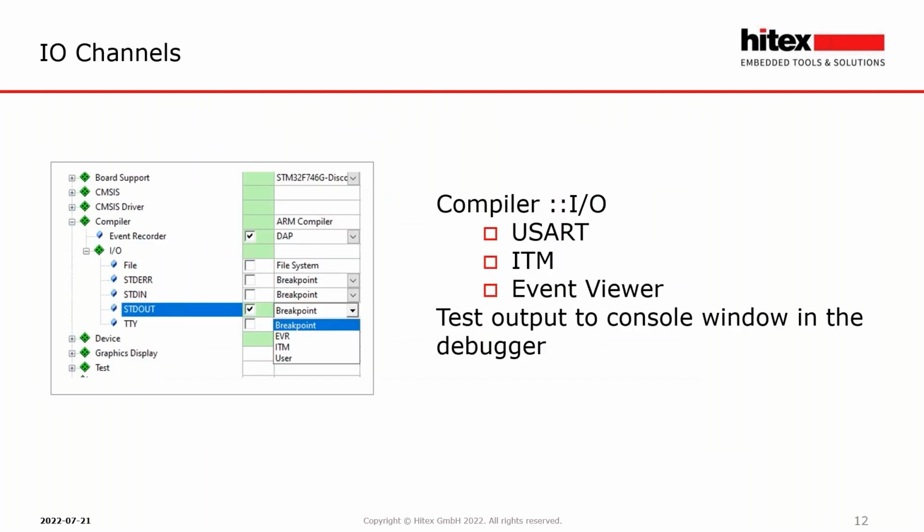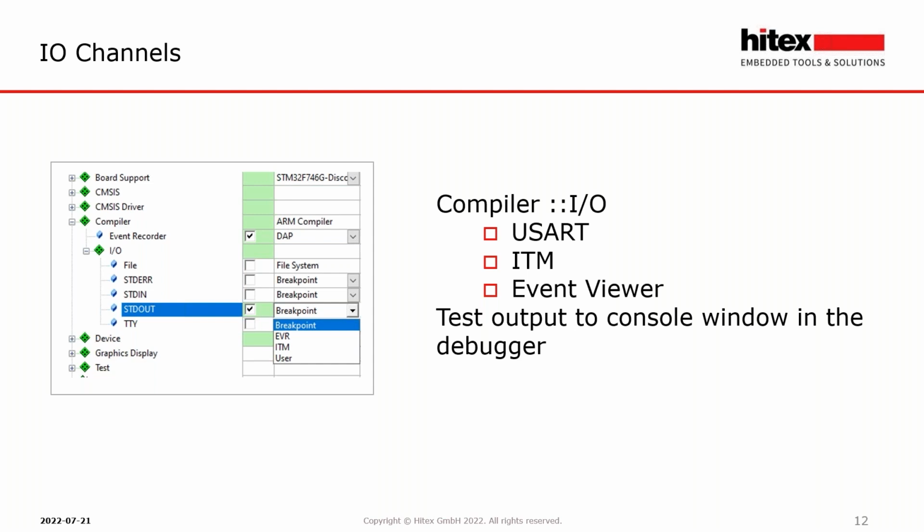The Unity framework will generally use printf to output test results. So this can be redirected through the compiler I/O option to a number of standard out I/O channels. So here we could direct it to a UART that's on the board so that all of our results will come out to a simple console window.